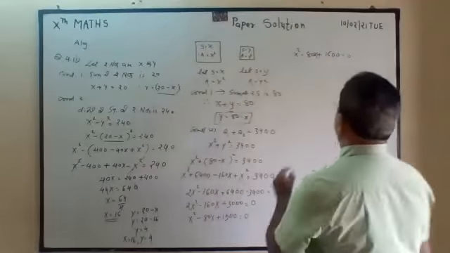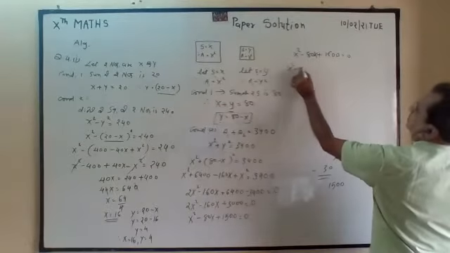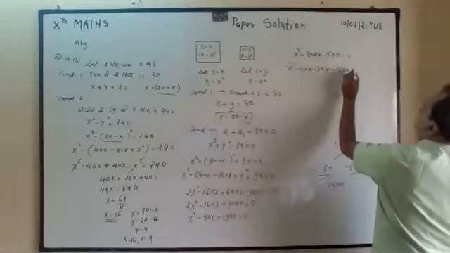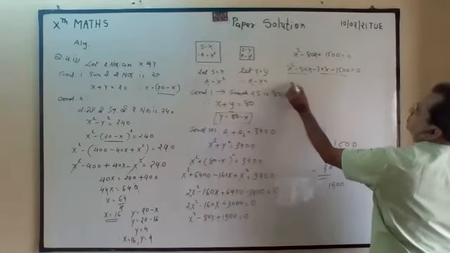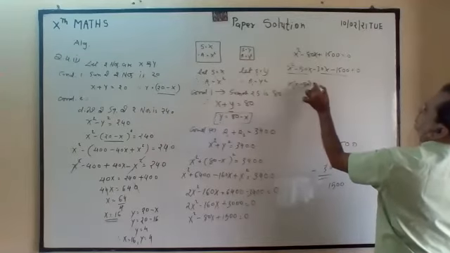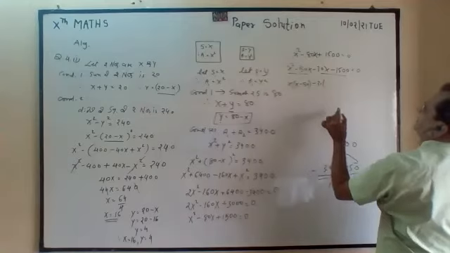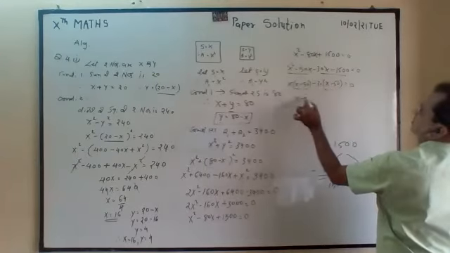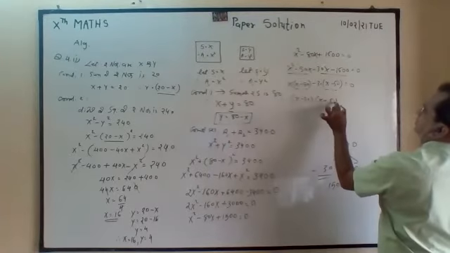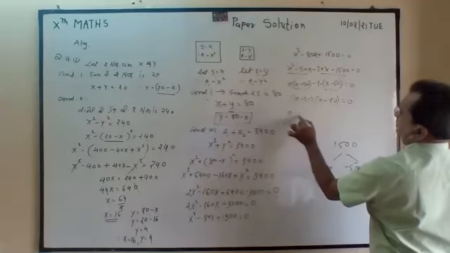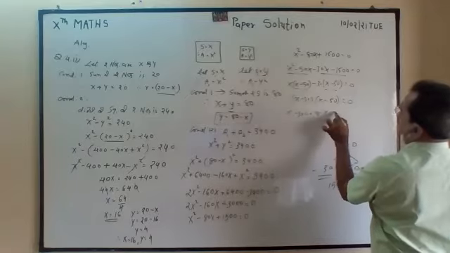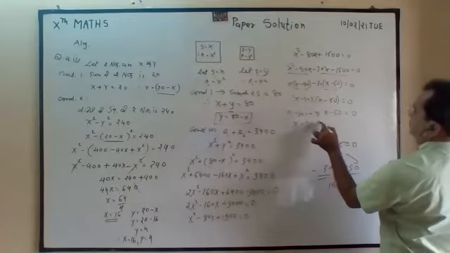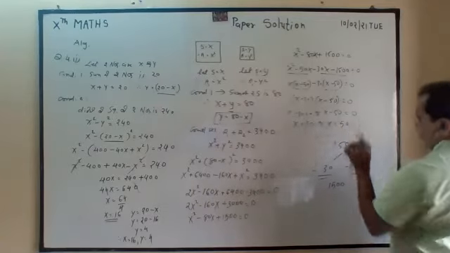So these are the factors. So x square minus 50x minus 30x plus 1500. So x minus 50, x minus 30. So x minus 30 is equal to 0 or x minus 50 is equal to 0. Therefore, x is equal to 30 or x is equal to 50.